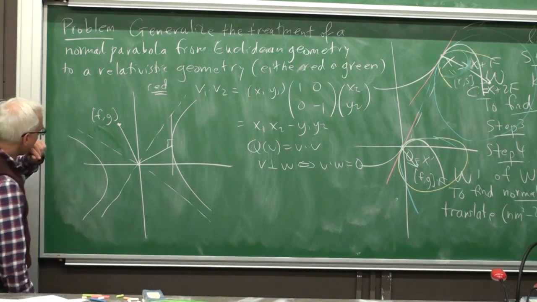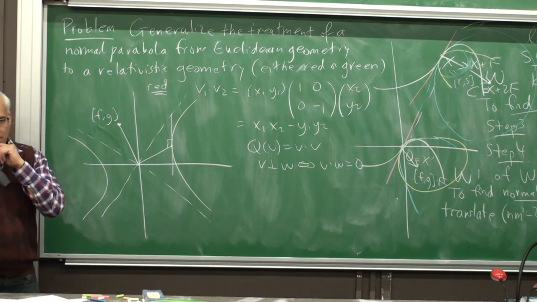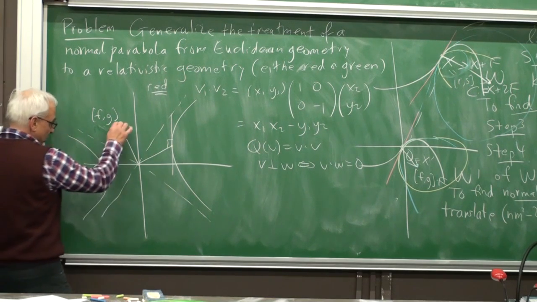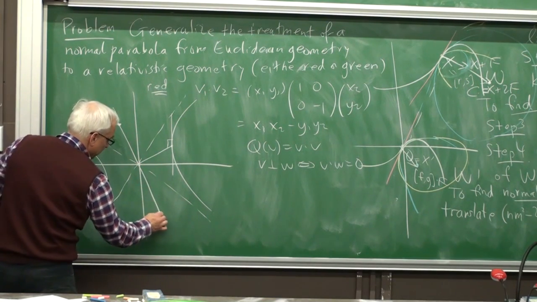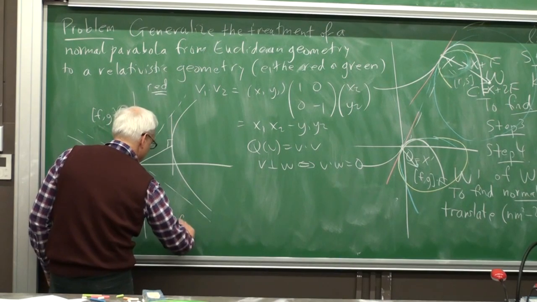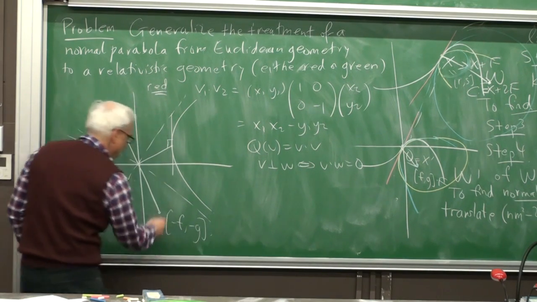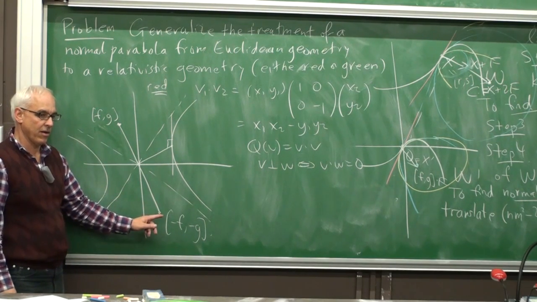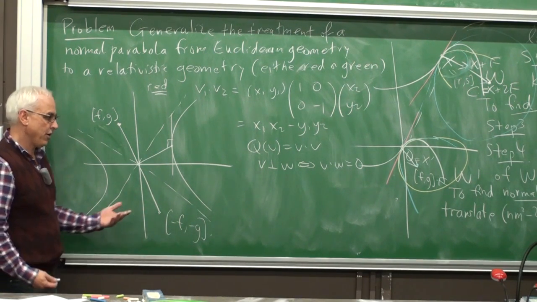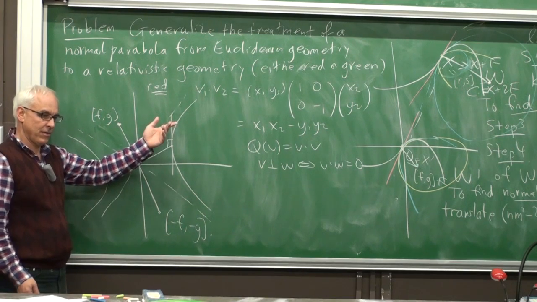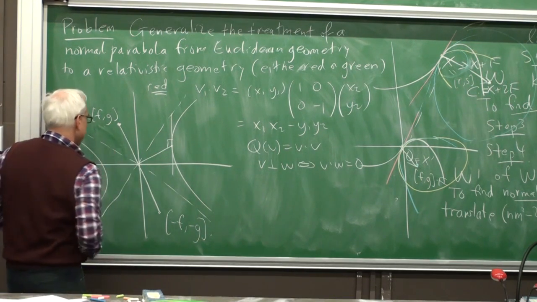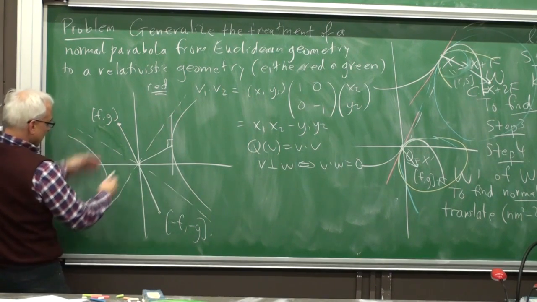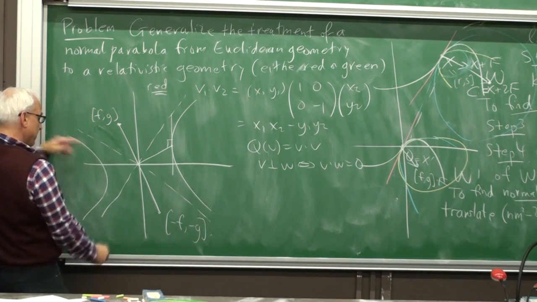So how can we define a parabola in this context? First we need a directrix. How do we get a directrix? We go an equal amount down here to the point minus F, minus G. Then we choose a line through here, but the line has to be perpendicular to this one, perpendicular in the red sense, of course. You can think of perpendicularity either in terms of tangent to a circle or in terms of reflection in this line.